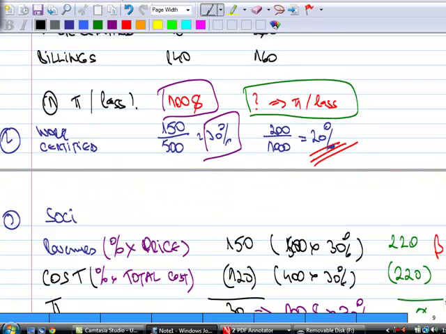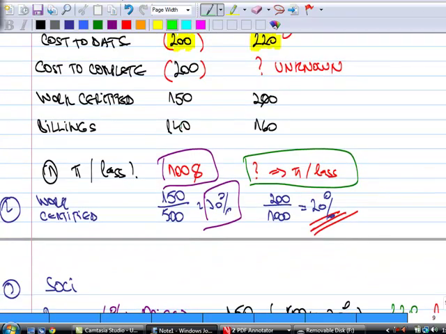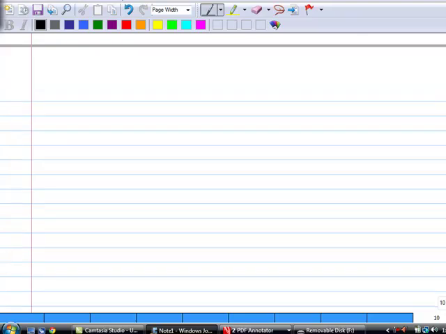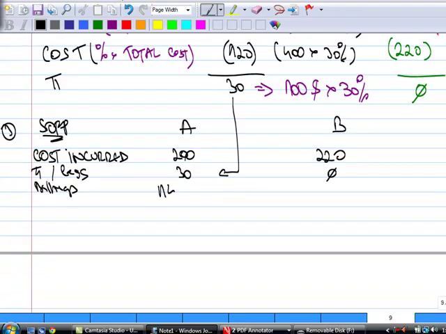And progress billings to date will have to be given to you in the exam. Sorry, 140 and 160 respectively. So 140 taken out from those figures and 160 in respect to project B. So 230, less 140, that is $90.